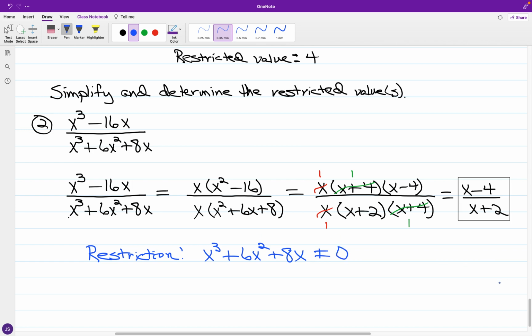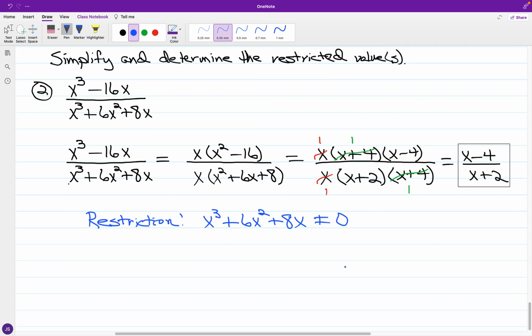So x cubed plus 6x squared plus 8x cannot be 0.